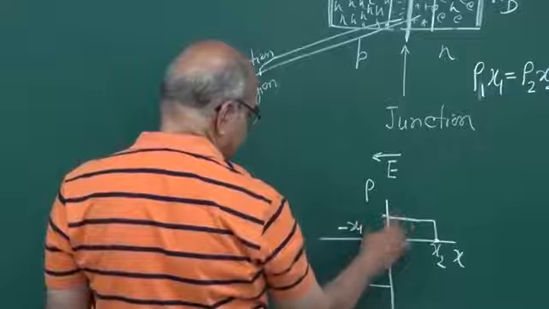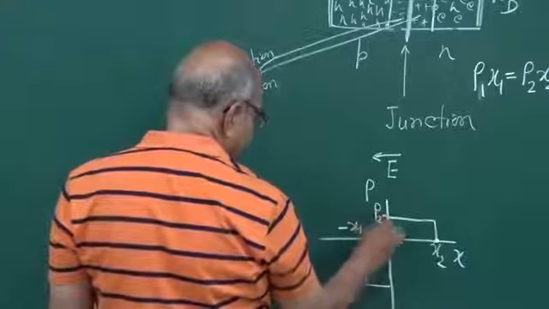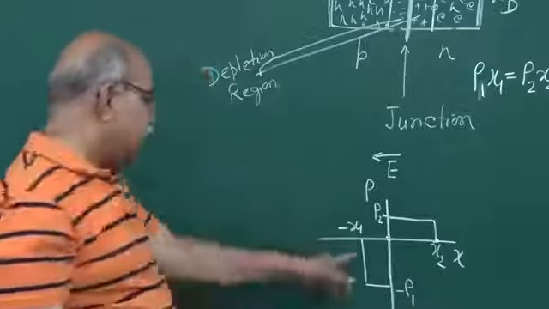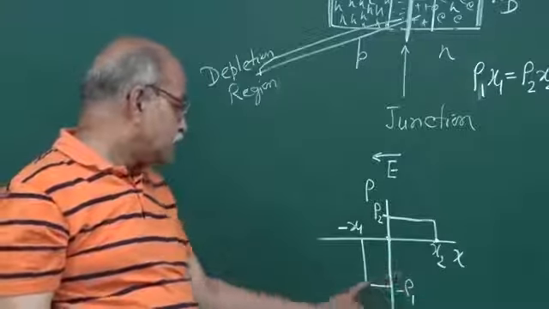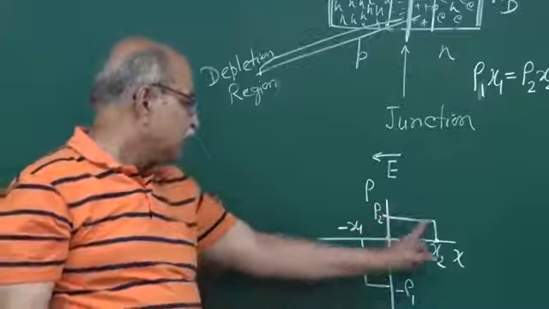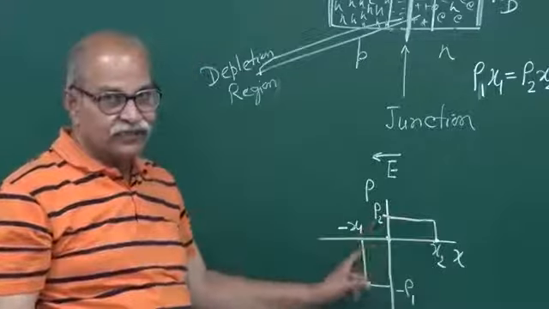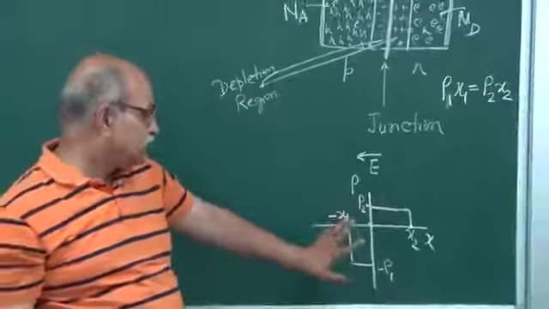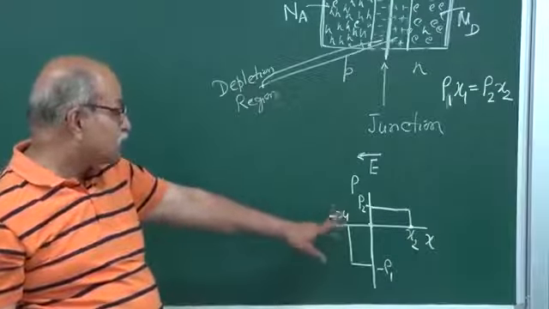This height here is rho 2 and this is minus rho 1. And this area rho 1 times x1 should be equal to this area rho 2 times x2.